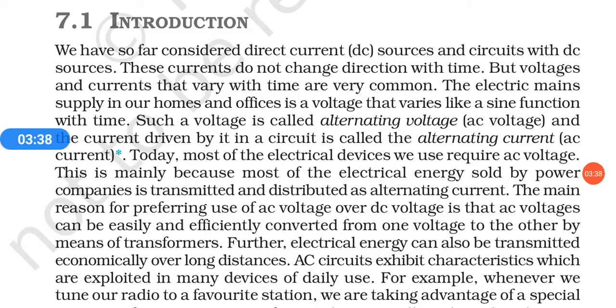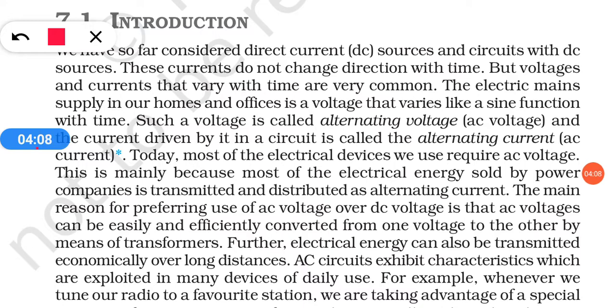The main reason for preferring AC voltage over DC voltage is that AC voltage can be easily and efficiently converted from one voltage to another by means of a transformer.